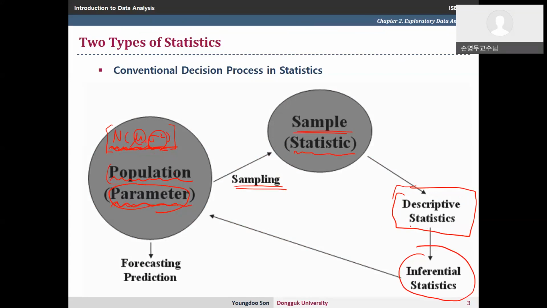And based on the results of this descriptive statistics method, we can make the inferential statistics method, which estimates the characteristics of population. In other words, by the inferential statistics, we can test the characteristics of the parameters which define the population.